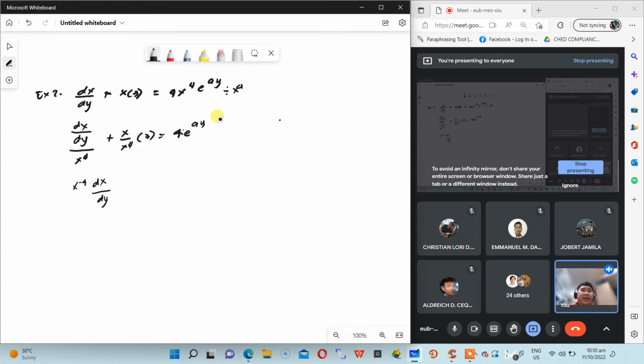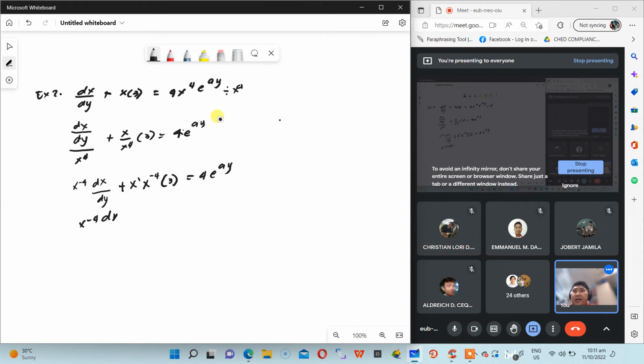Those who did not get it, watch the first example. I will send this video tonight. Plus, this one is x raised to the power of 1. Since you move it to the numerator, it becomes x raised to the power of negative 4 times 3, or minus 4e9y.